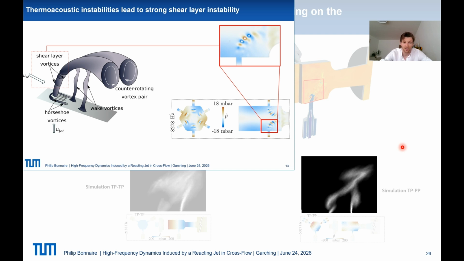Also for the generic geometry, we observed strong shear layer instability, but we could not basically close the hypothesis what's the true reason why shear layer instability is present when there's a strong thermoacoustic instability. And we could also not determine in this case how the shear layer is part of the feedback loop.